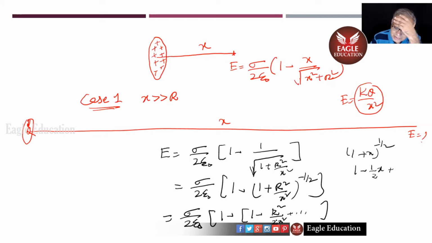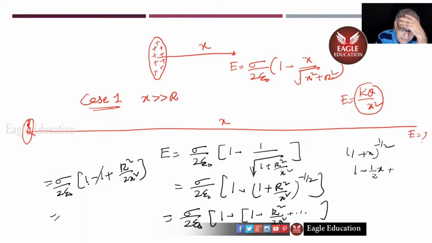Since x is larger than r, the higher order terms will be neglected. So I'll be left with sigma by 2 epsilon 0 into 1 minus 1 plus r square by 2x square. This will be cancelling.